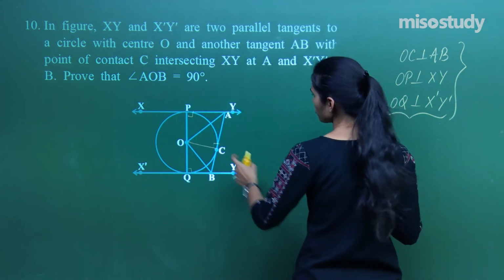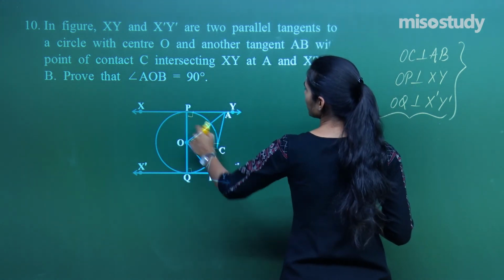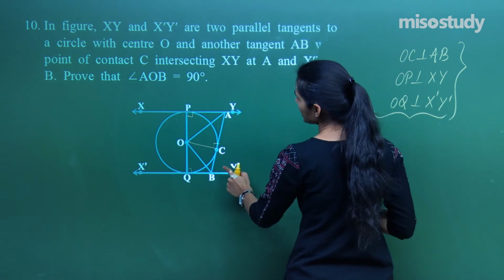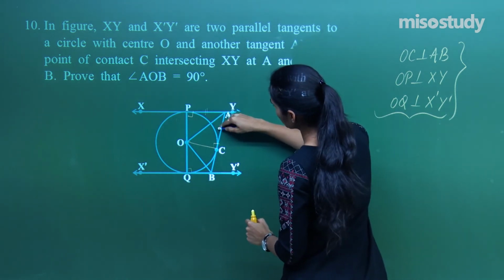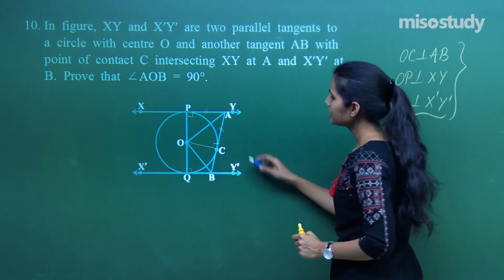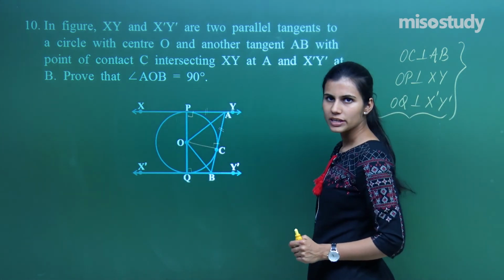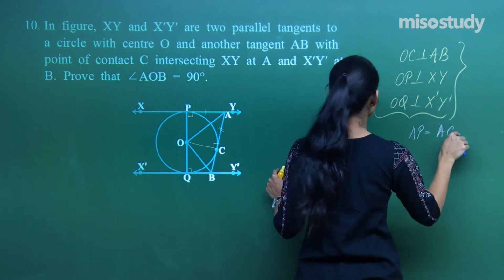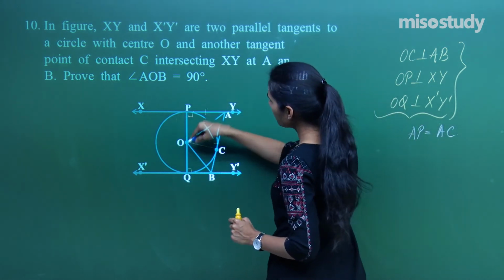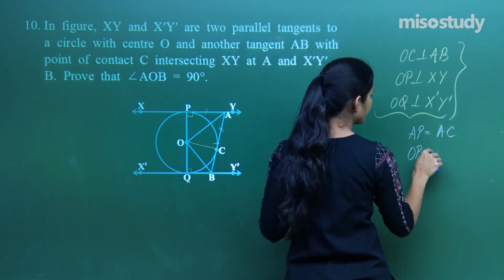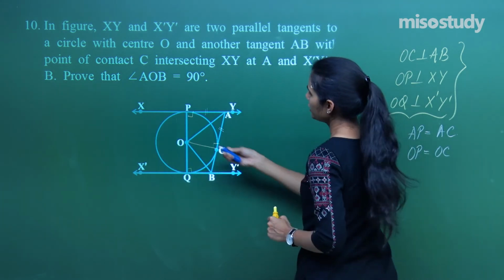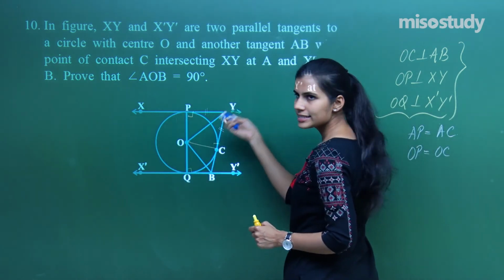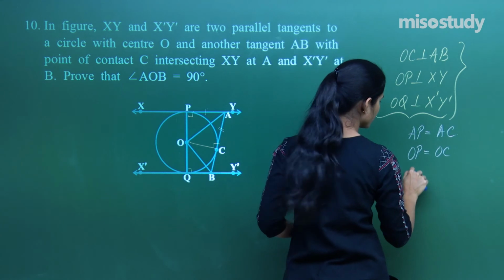If you focus on these two triangles, you have AP is same as AC because from this external point A I am having two tangents drawn, so they will be equal in length. Then you have OP is same as OC, both are equal to the radius, and OA is same as OA because it is the common line in both the triangles.